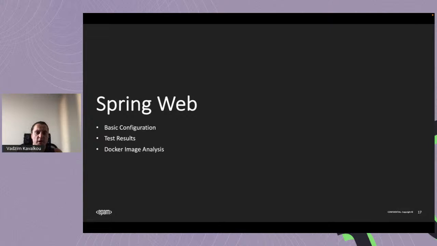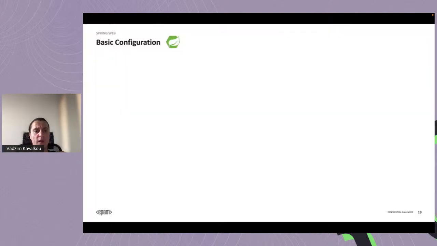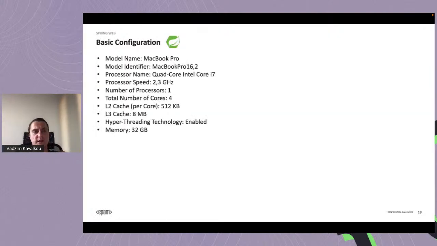So let's move on to Spring Web. We'll take a look at basic configuration, test results, and Docker image analysis. And the basic configurations. Here you can find my machine settings.